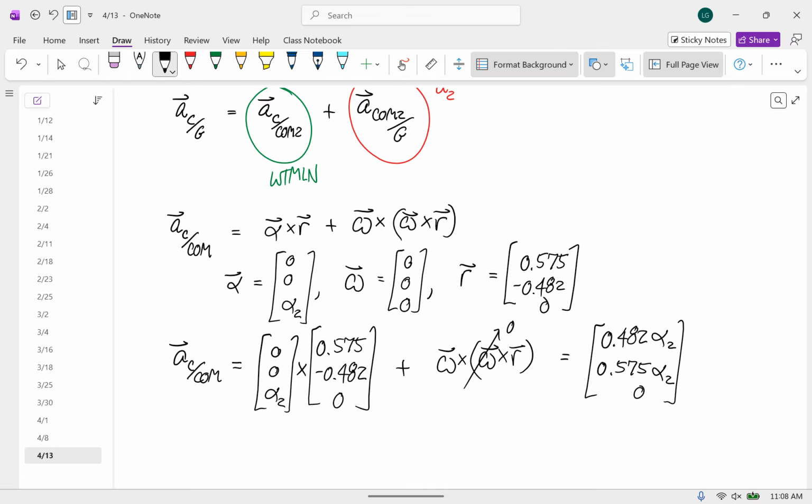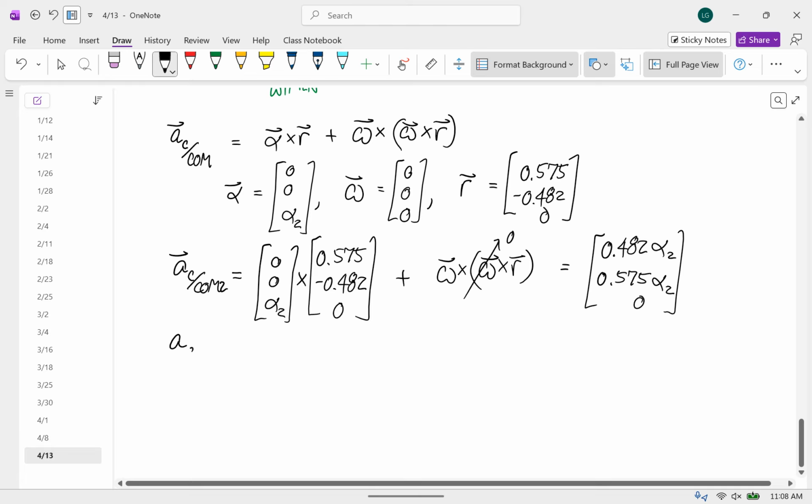But that's not a constraint equation. That's just an expression for the acceleration. Wait, that's not even an expression for the acceleration yet. We have to put it together. So the acceleration of C relative to the ground is this plus A2.